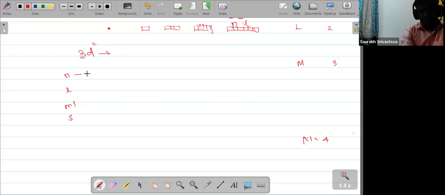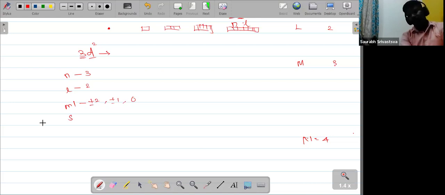This 3 is nothing but n. And for d, we already know d means l value equal to 2. And the next, the ml value: how many orientations will be available? The orientations will be plus or minus 2, plus or minus 1, and 0. Overall 5 orientations. Where will these 2 electrons be accommodated?